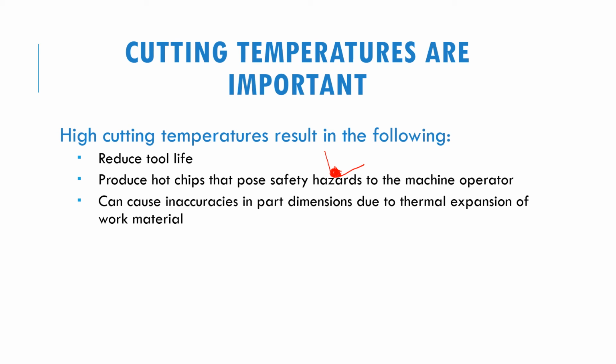So the implication is that it reduces the tool life. It can also produce hot chips that pose a safety hazard to the machine operator, and it can also cause inaccuracy in part dimension due to the thermal expansion of the work material.